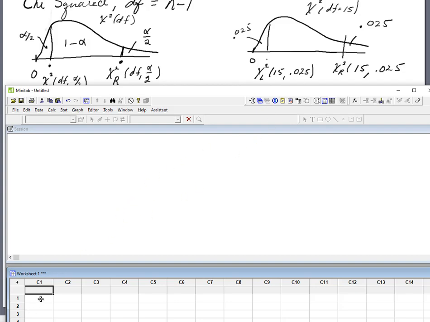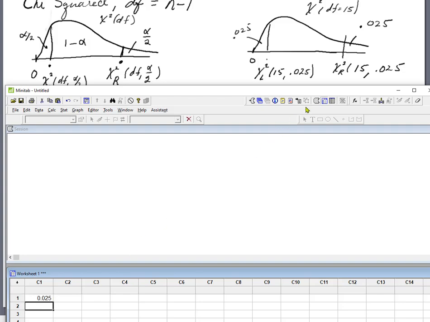Now, I'm going to do something a little bit tricky this time and get these two values at one time. I'm going to do that by going down here to column 1, and I'm going to put in the lower tail area to the left. The area to the left of this critical value would be 0.025.